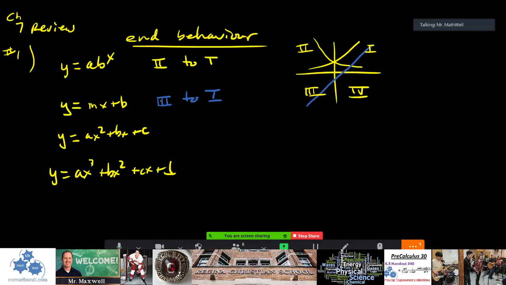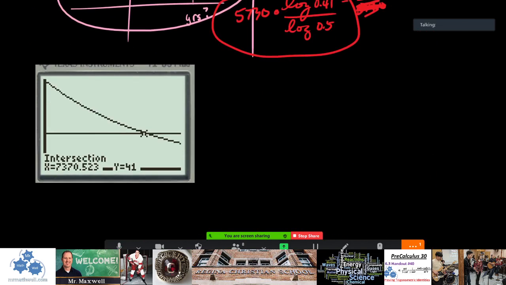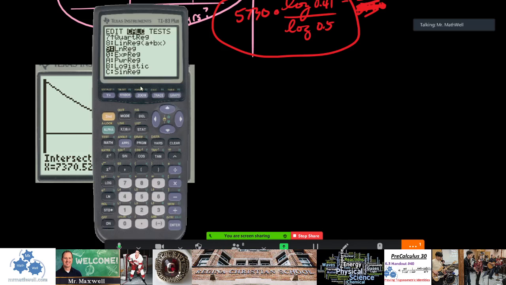Was that it for exponential and log graphs? Oh, if you have to find the intersection between graphs, you do your second function calculate and you do intersect here. Now, I don't have any graphs listed.